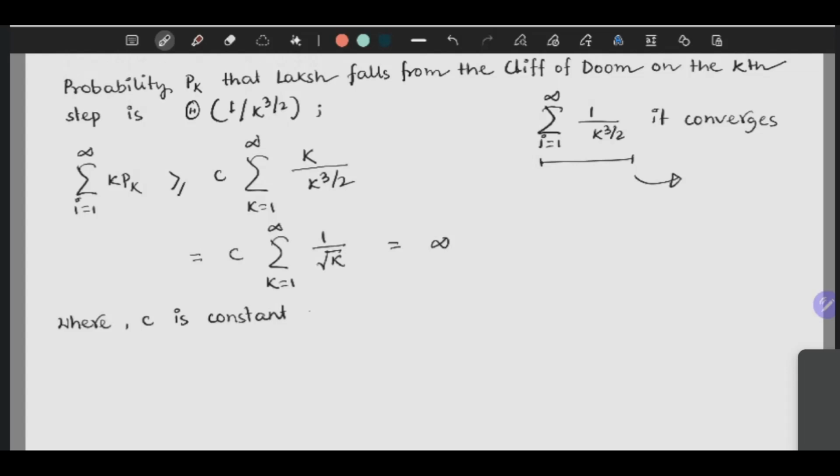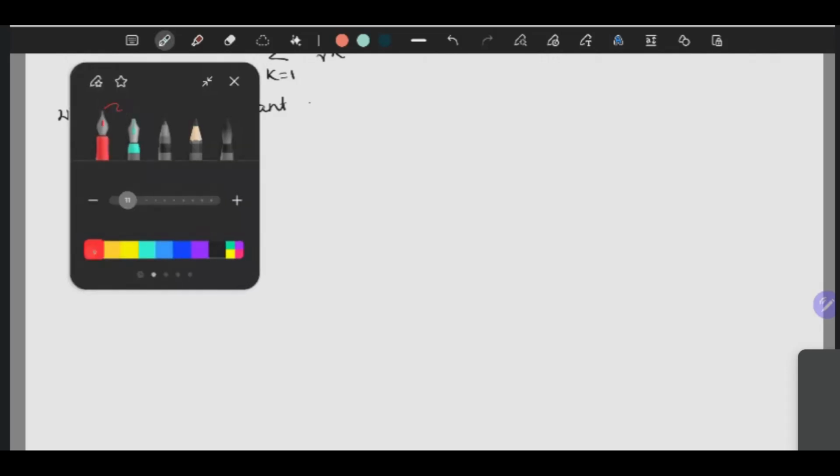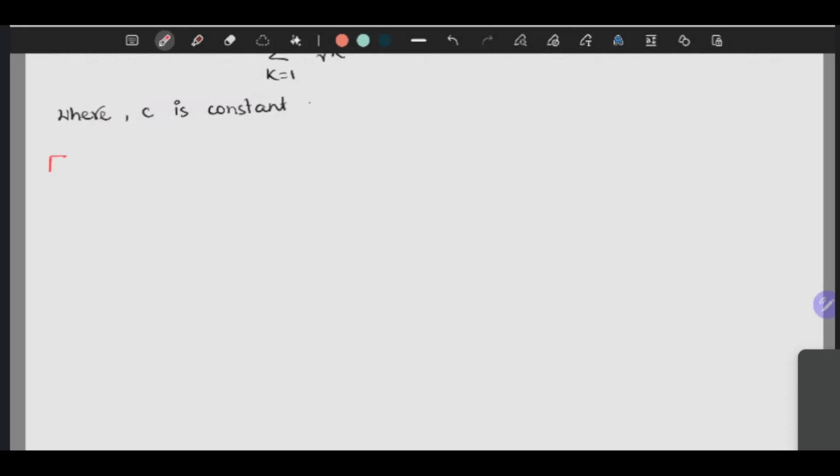Okay, so now let's apply this thing to a game of gambling. We all love to hear stories about gambling. Now let's say applications to fair gambling.